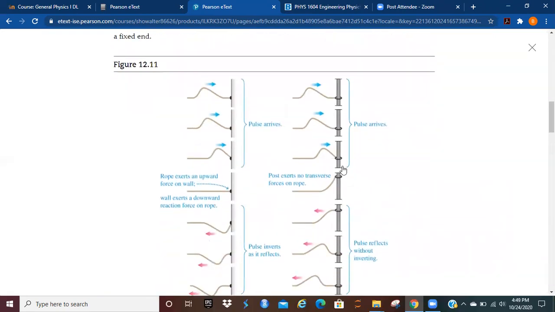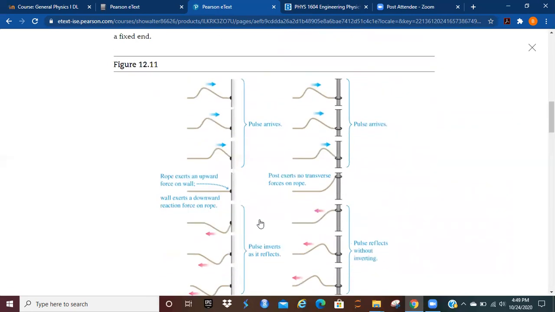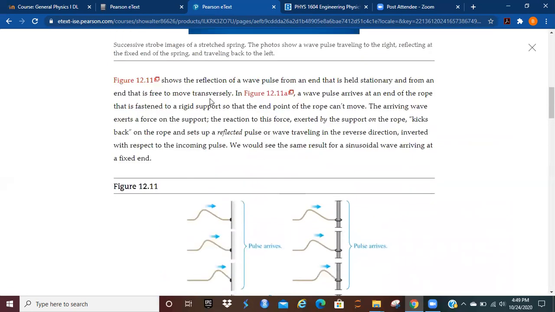You can see here some of the descriptions of waves that arrive and then bounce back. You can see 12.11 shows the reflection of a wave pulse from an end that is held stationary and from an end that is free to move transversely.